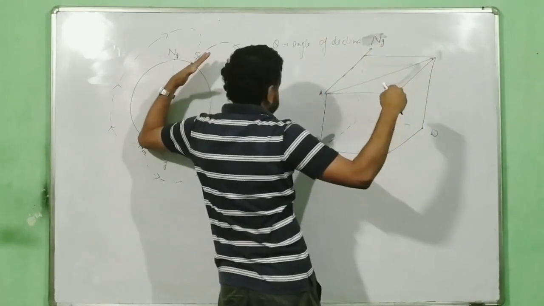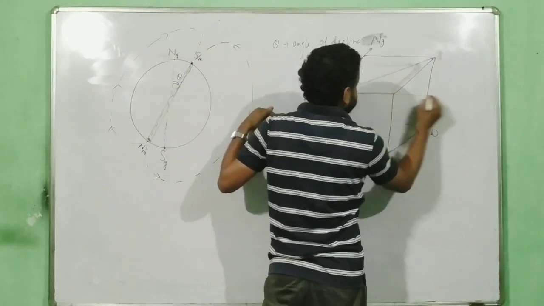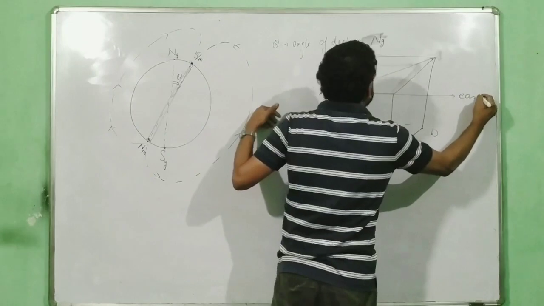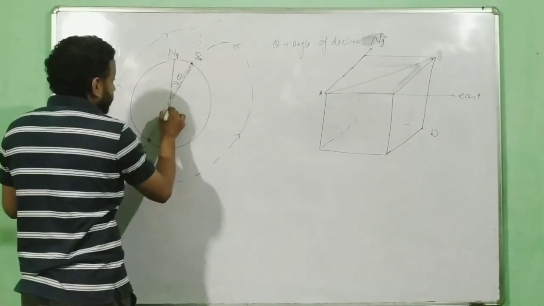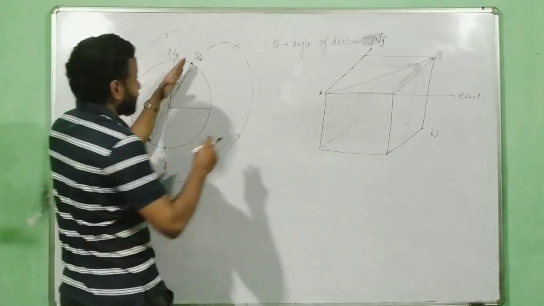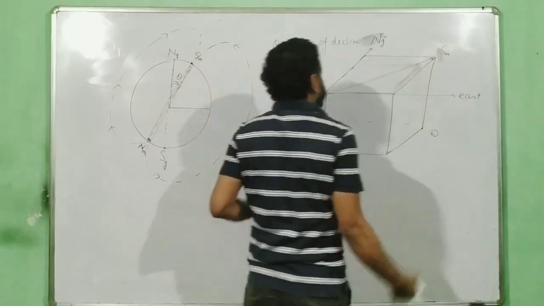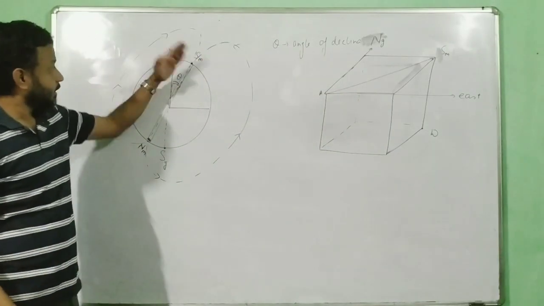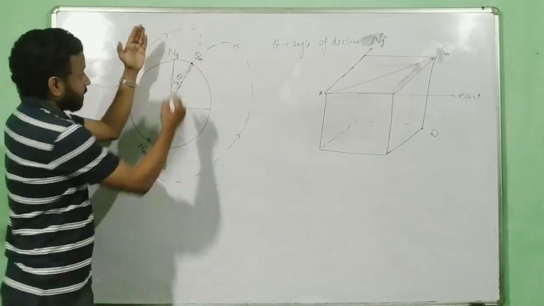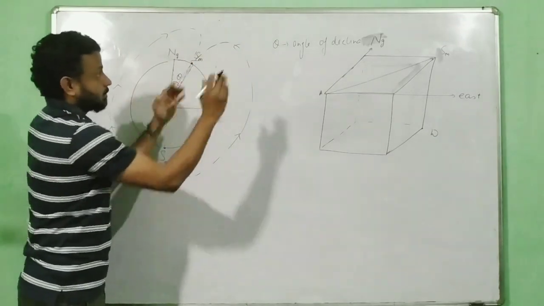Magnetic meridian over here. And remember this one, this is our east direction, the usual sign convention, north east, and this one is this one. So I can consider this one as the south magnetic pole over here. I'm just drawing this part as a cube over there.